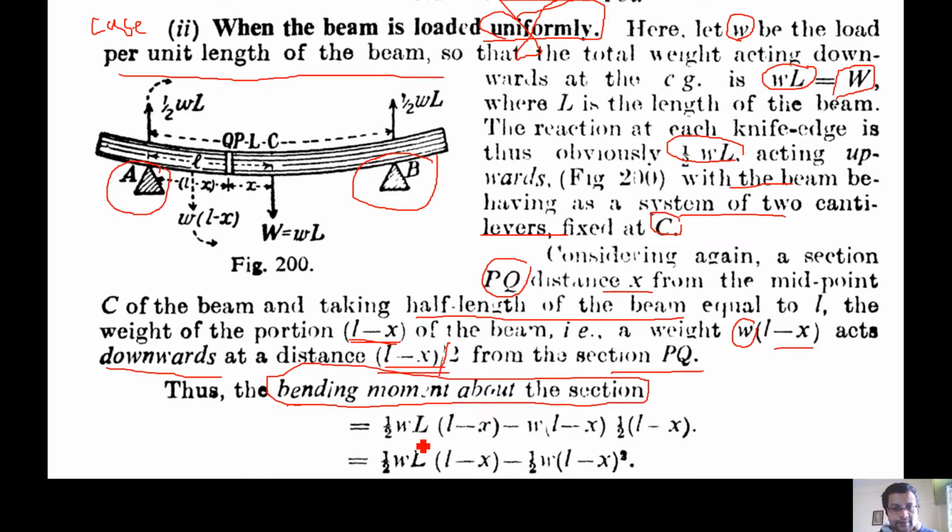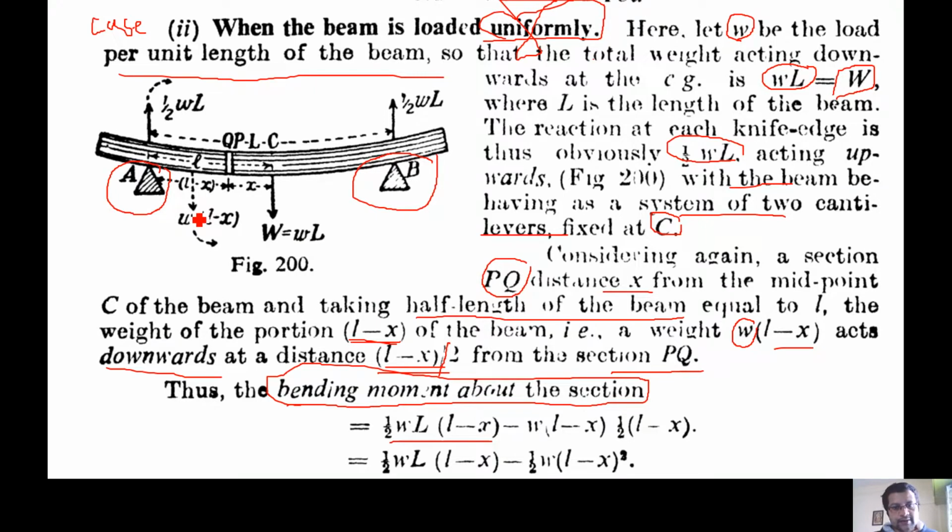So the value you get over here is half of W capital L into L minus X, which is the upward force because of this particular specimen.